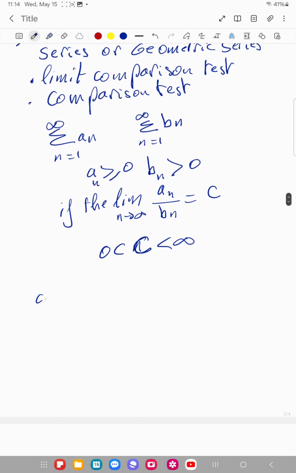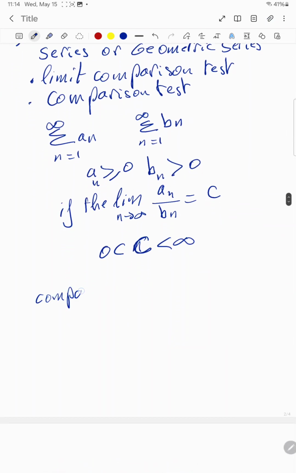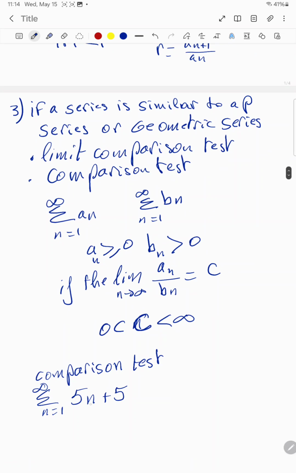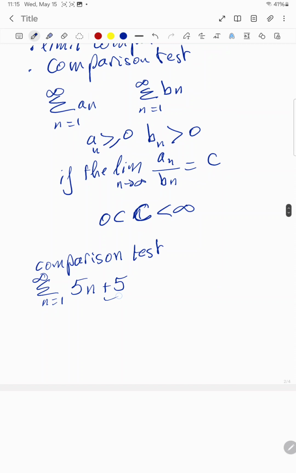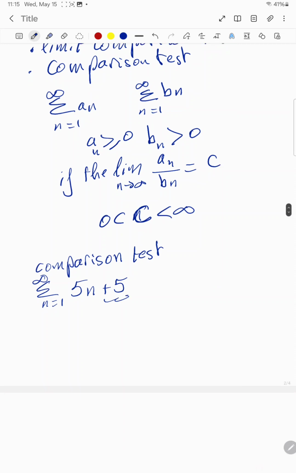And the comparison test, we did something like that in my previous video, and I will put the link to it. Let's say we have a series of 5n plus 5, n equal 1 to infinity. If n goes to infinity, 5 times infinity is infinity, plus 5, it's still infinity. So the 5 here is insignificant. So I can compare it to the series n equal 1 to infinity of 5n.